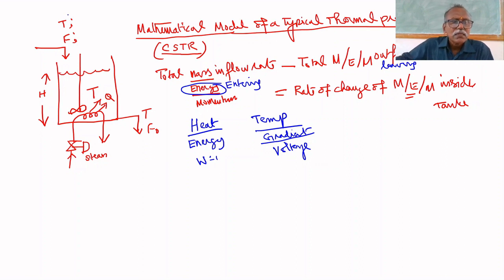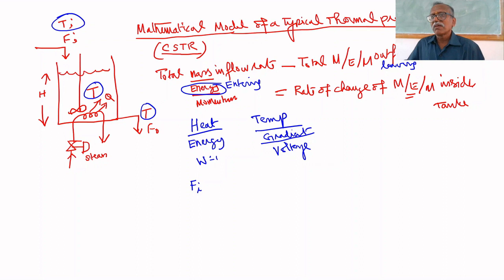Here the inlet temperature is Ti, the process temperature is T, and the outflow temperature is also T. It is leaving at the temperature T. So the total energy entering is the flow rate Fi multiplied by density rho multiplied by Cp, the specific heat constant, multiplied by the energy gradient, that is Ti.